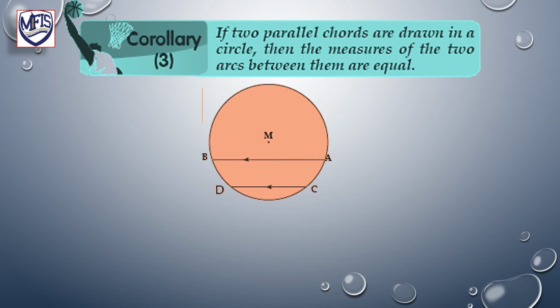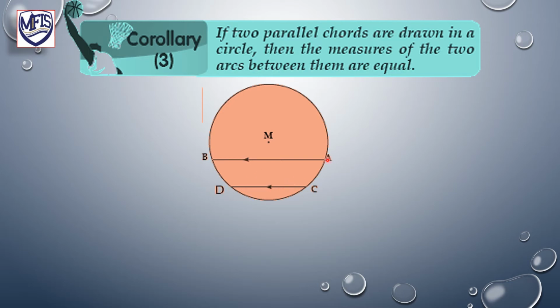Now, corollary number 3. If two parallel chords are drawn in a circle, then the measures of the two arcs between them are equal. Okay, look at the figure. Here I have two chords AB and CD that are parallel.